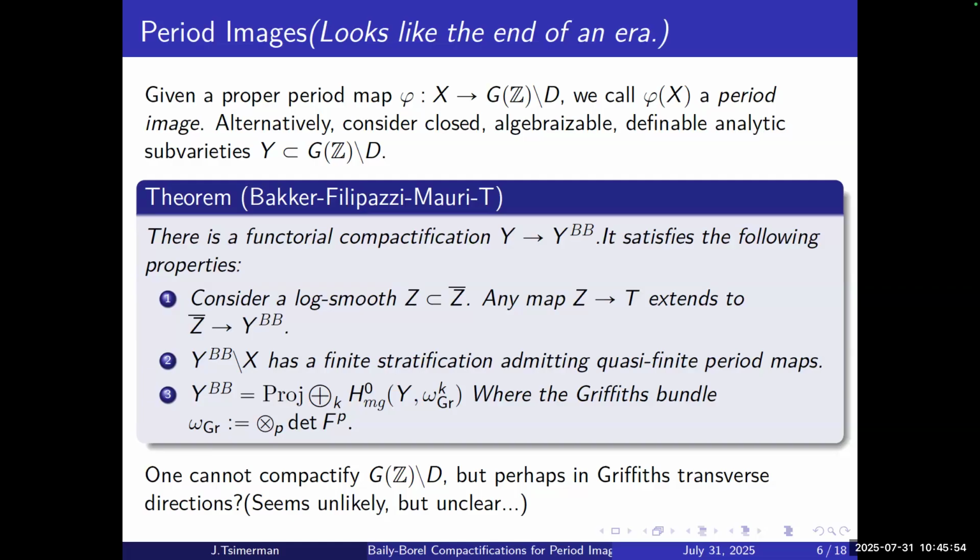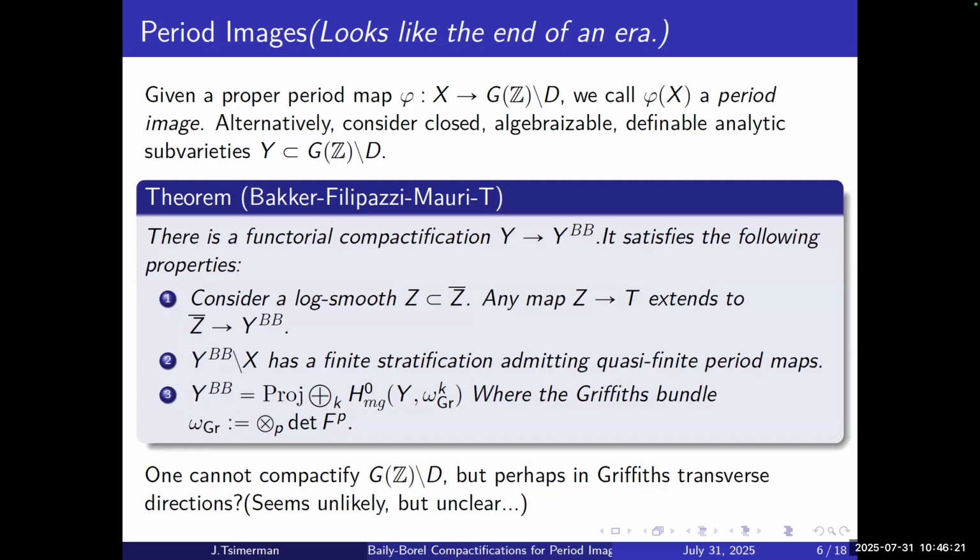So, more like for the general period image, when is the complement of codimension at least two? In what generality? For Shimura varieties, you know when codimension is one. I haven't thought about it.